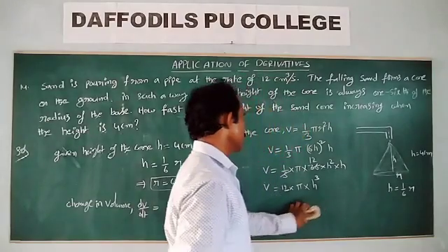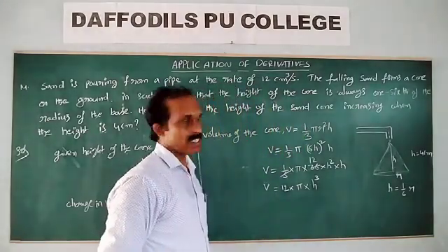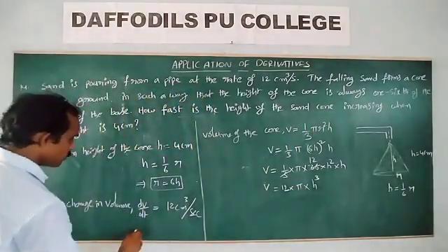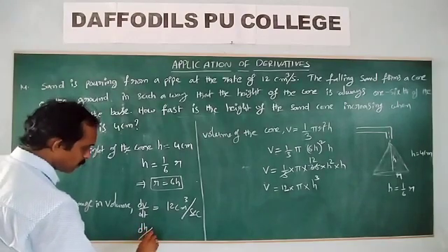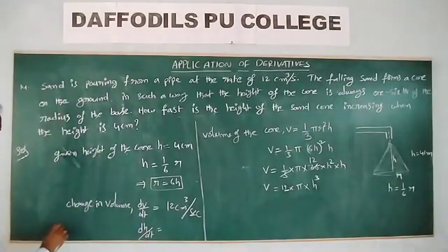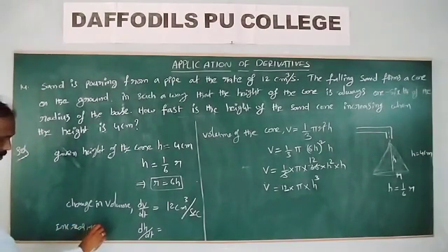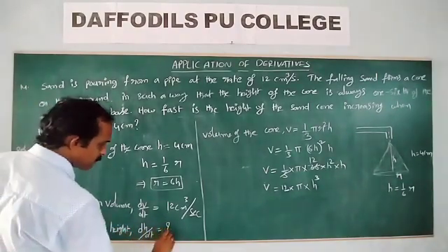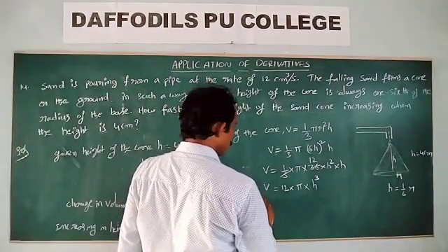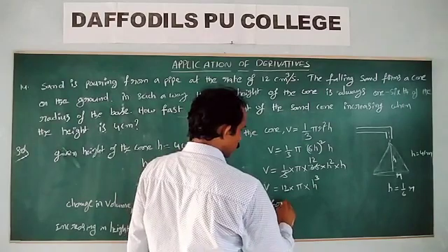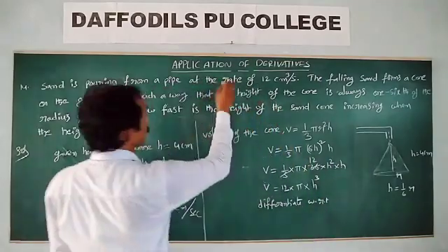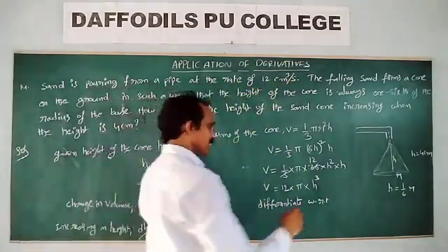Now we find dh by dt. They ask the change in increasing height, increasing height means dh by dt. What are we finding? dh by dt. So differentiate this with respect to time t.